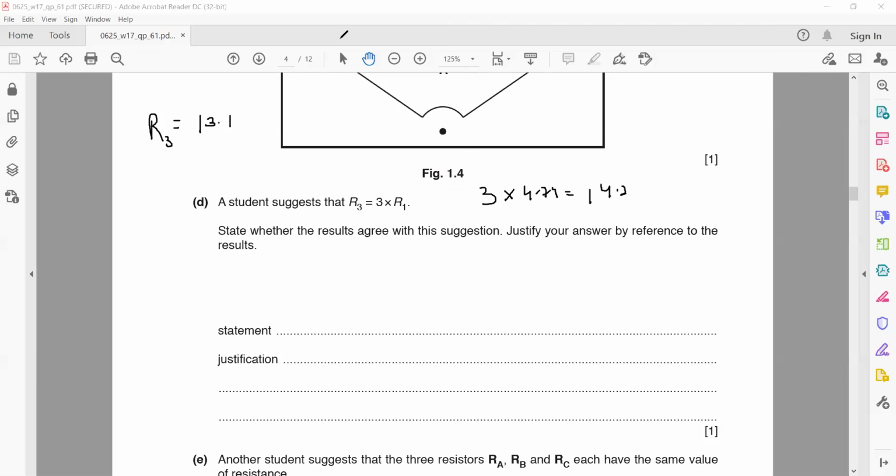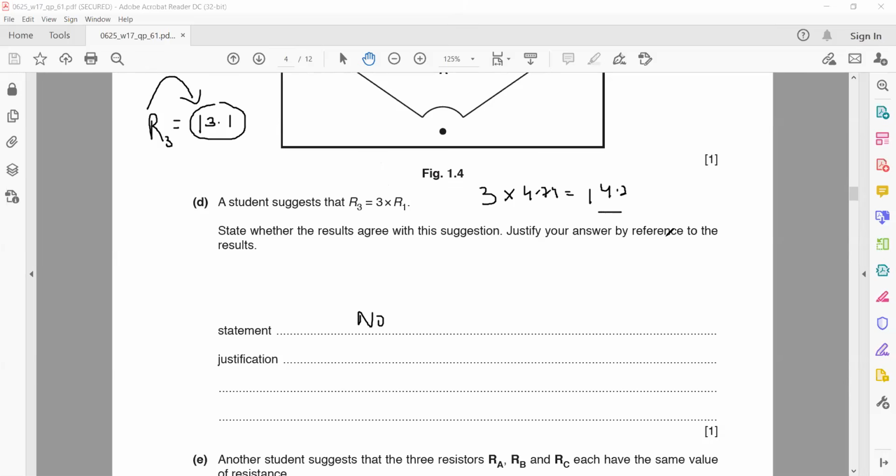So are the values equal? The practical value of R3 is 13.1 and the theoretical value, from the student's suggestion, is 14.2. So are the two values equal? The statement is no, they are not equal, and for the justification you can use the numbers: within the limit of experimental accuracy, the two values are not equal to each other.